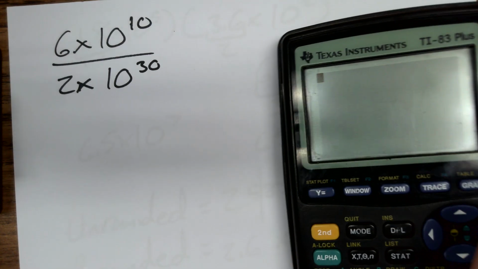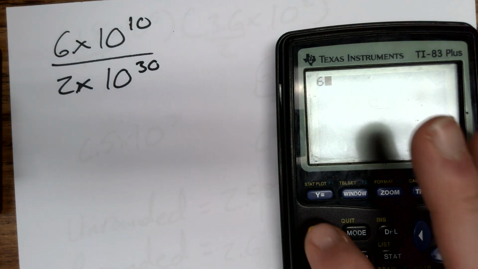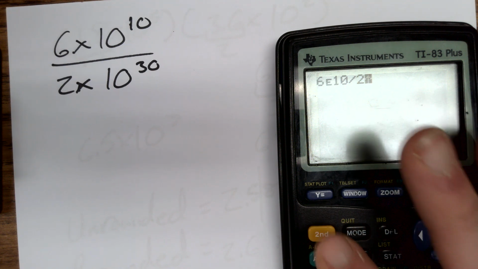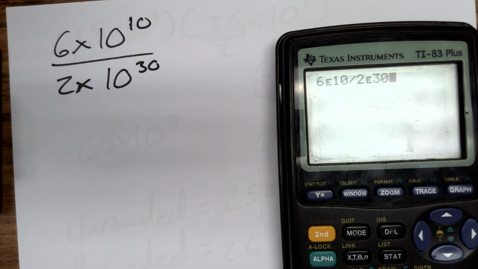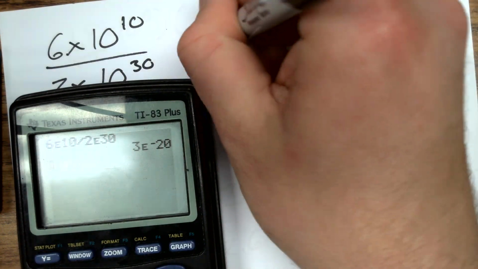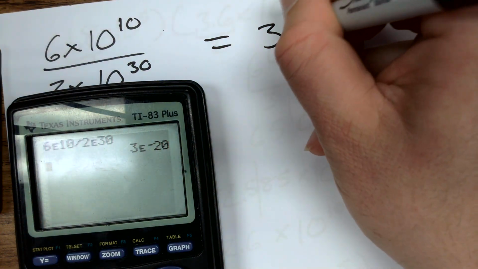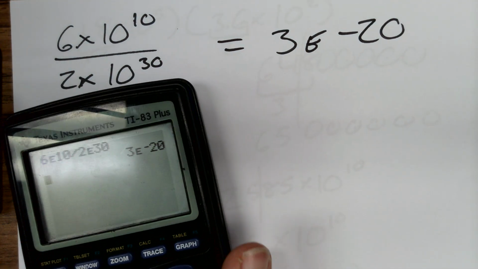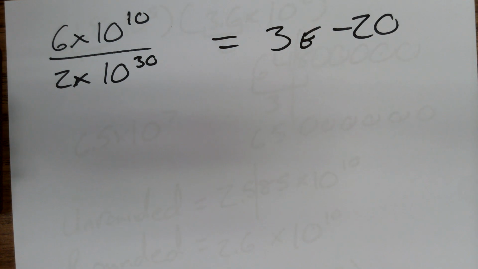Let's clear this out. 6, shift E, 10, divided by 2, shift E, 30, gives me a grand total of 3E negative 20. We agree with this, yes? Okay, so let's revisit this.